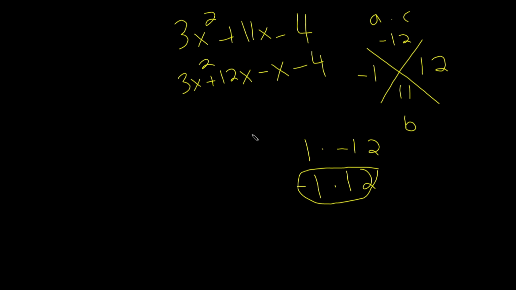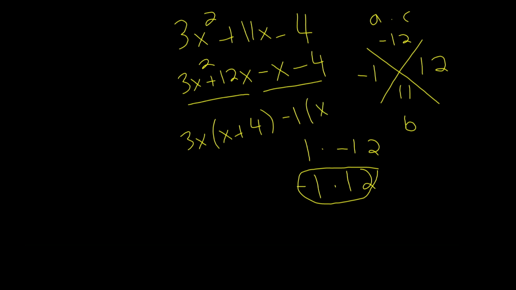And now we're going to factor these two individually. What's the GCF of these two? 3x would work. So 3x over here makes this x plus 4. And what's the GCF over here? This would be negative 1. So we write negative 1 over here.